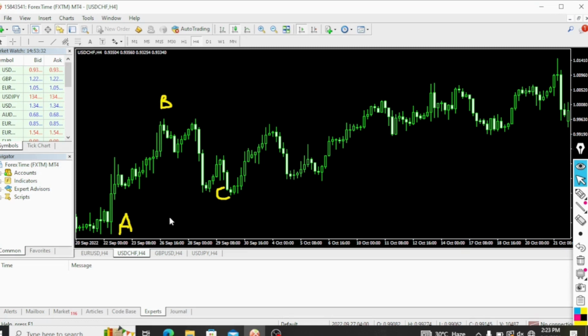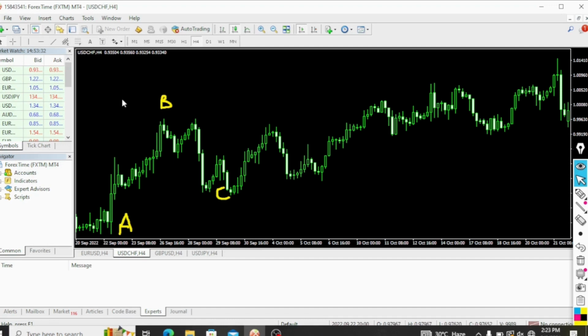Let's look at our example. From this example we have here, the beginning of this impulse wave is A, and the end of this impulse wave we are looking at is B, and C is the correction. All right, C is the end of the correction.